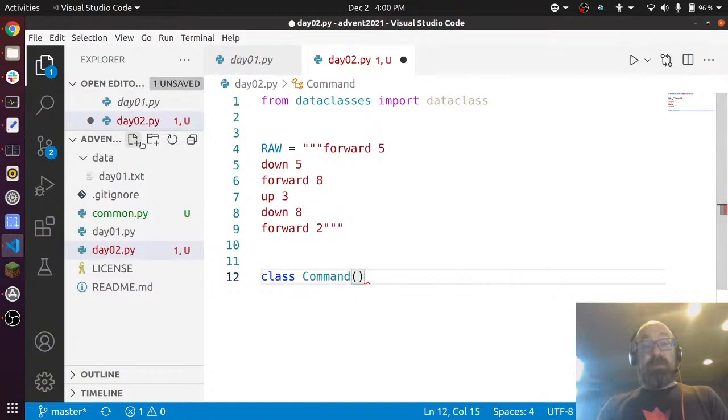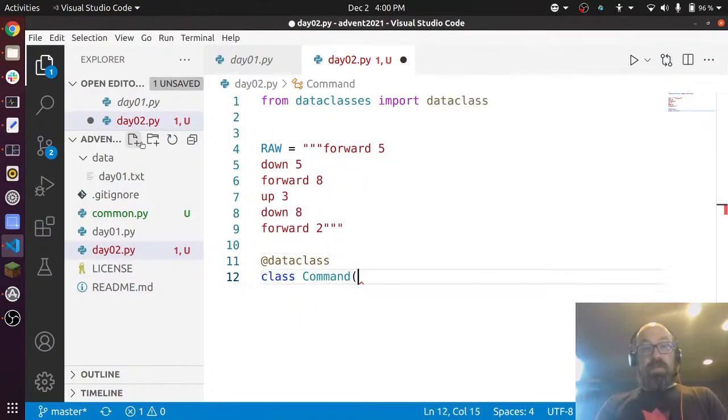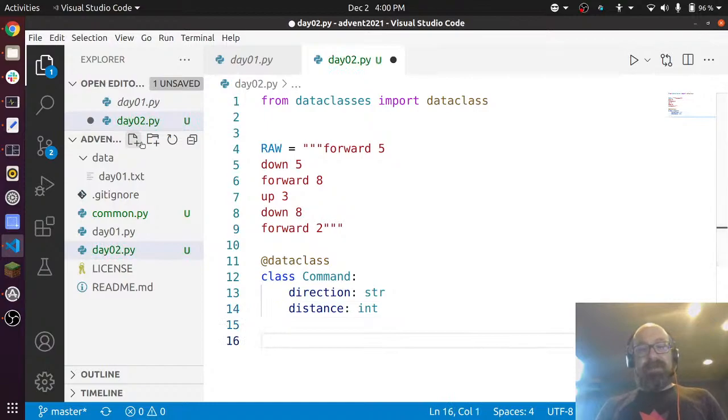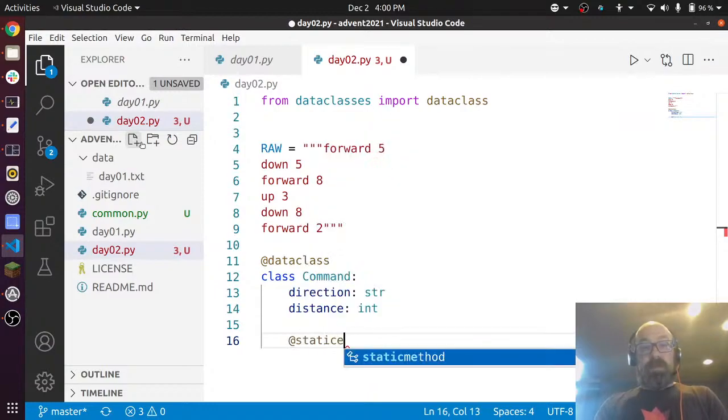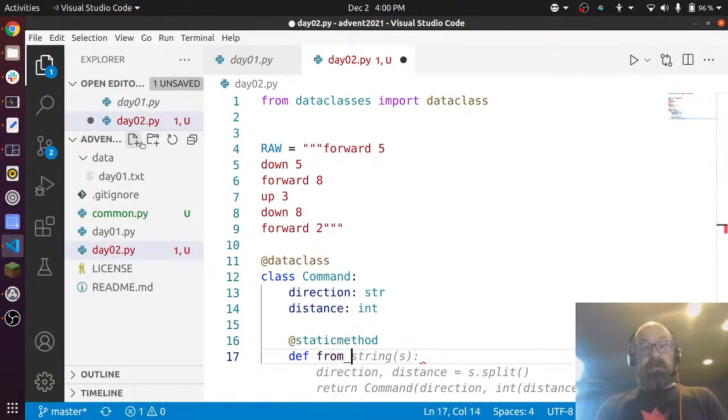Class Command. Hey, that's pretty good. I wonder if it's cheating again. Apologize for the dog. Static method from string s.